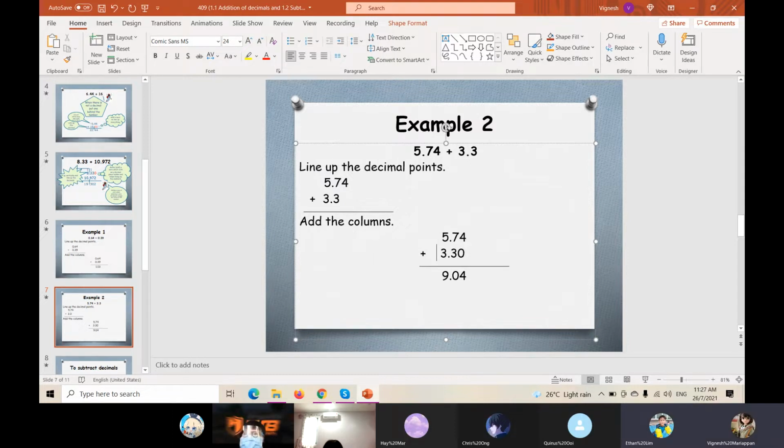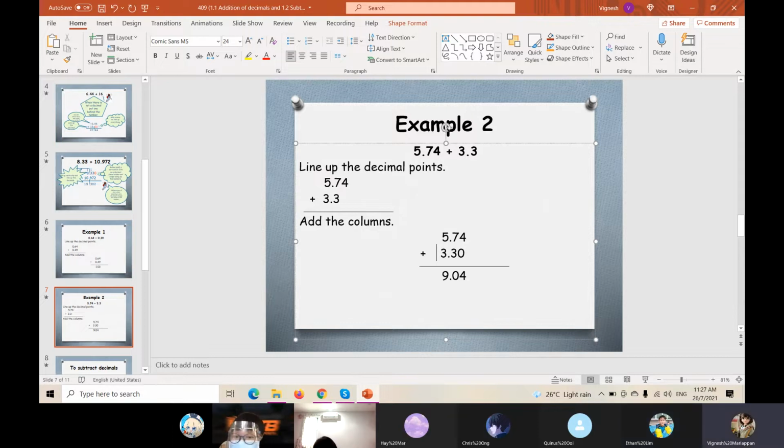Okay. So 4 plus 0 is 4. 7 plus 3 is 10. 5 plus 3 plus 1 equals 9. Very good.